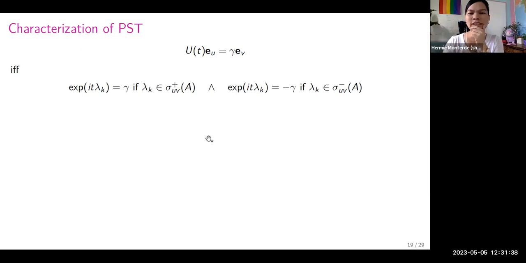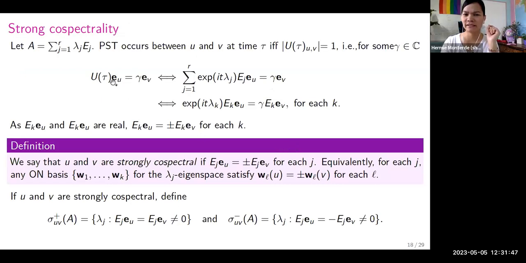All right, now this looks a little bit overwhelming, but let's go back a little bit to the previous slide here. This is the PST condition, right? And it requires that this holds for every K, right?